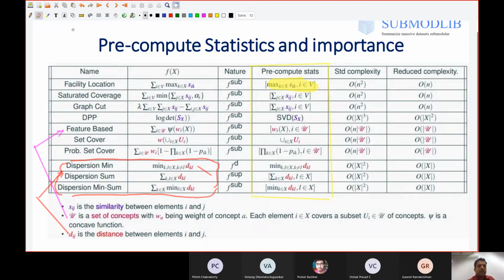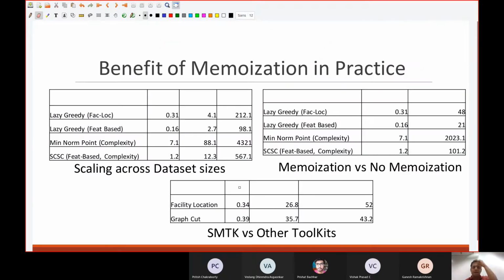But in the compute stat will be looking different, but the spirit is the same. I'll not spend more time on this. So this has also been implemented, and in practice, if you look at the memoization, the time rate there's like 212 times speed up.